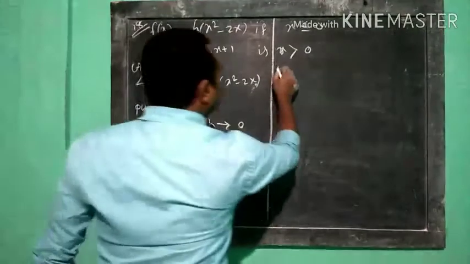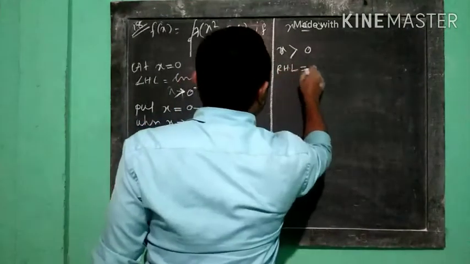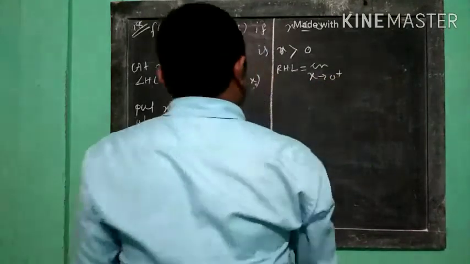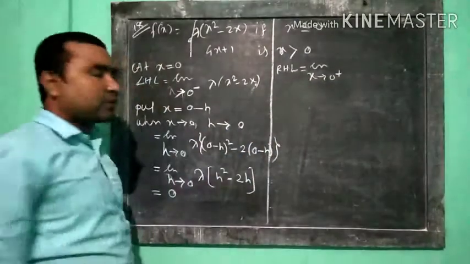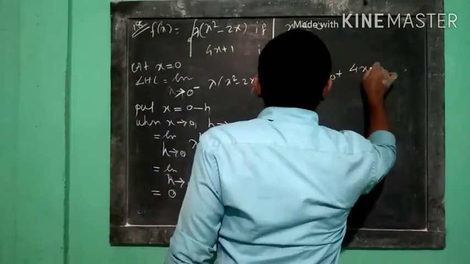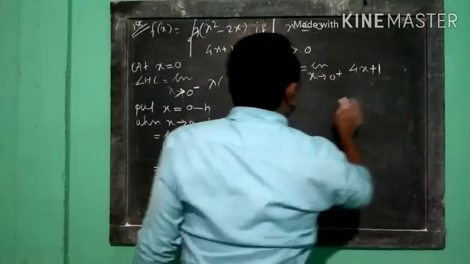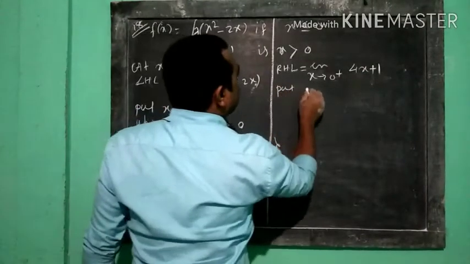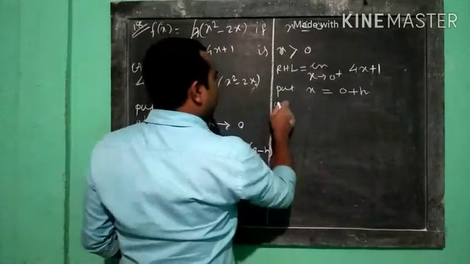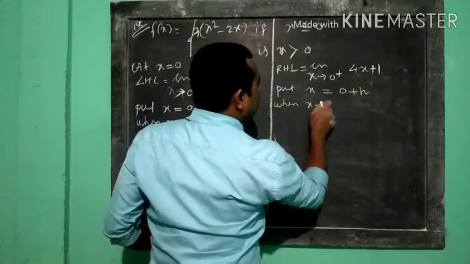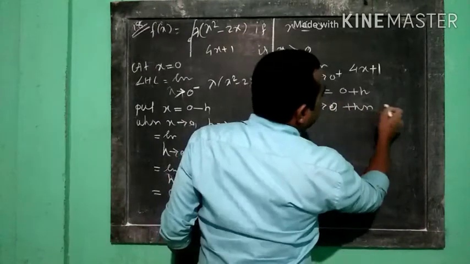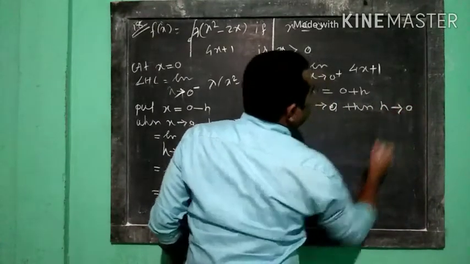Now the right hand limit equal to limit x tends to 0 positive. For 0 positive, x is greater than 0, so it takes the value of 4x plus 1. Now we put x equal to 0 plus h. When x tends to 0, then h tends to 0.